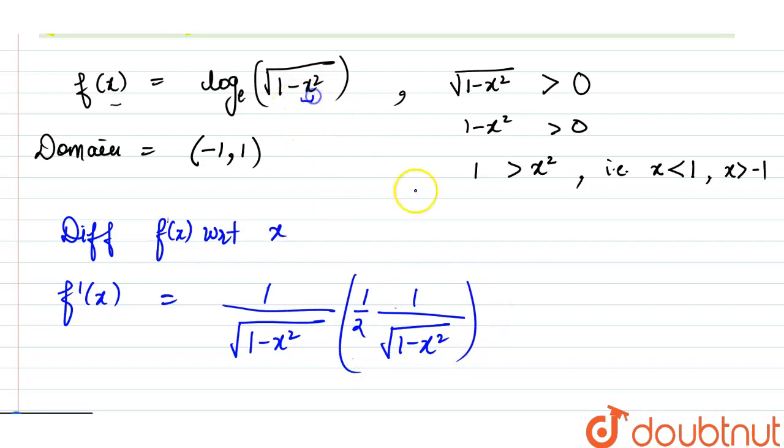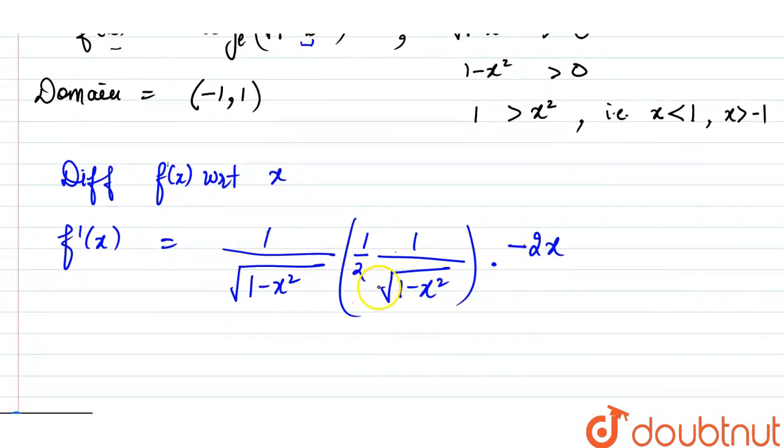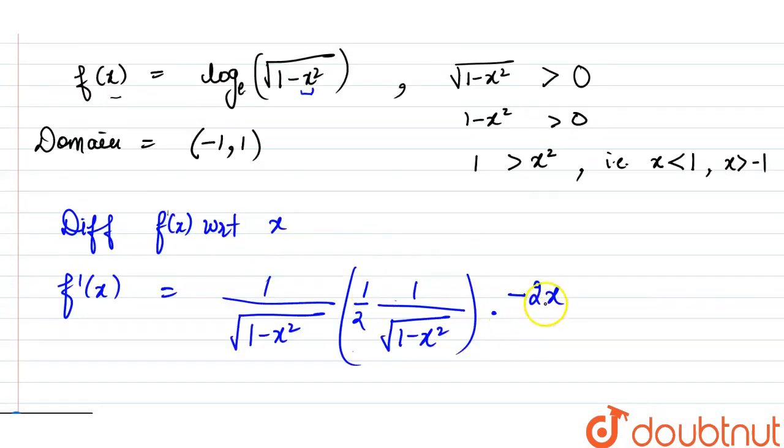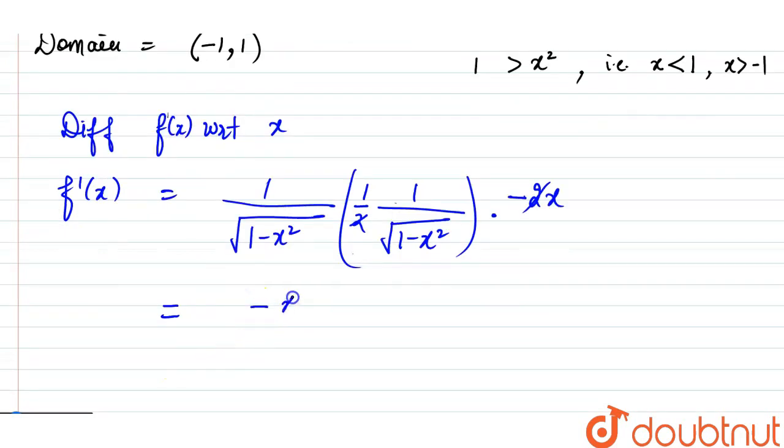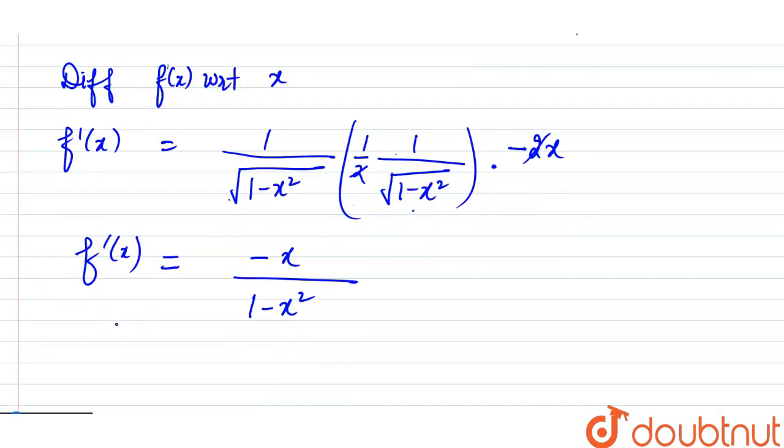Now the derivative of minus x square term will be minus 2x. So this 2 and 2 will cancel out, and we will have minus x divided by under root 1 minus x square. Under root 1 minus x square will give 1 minus x square. This is our f dash x function.